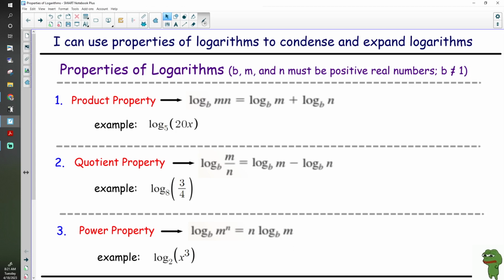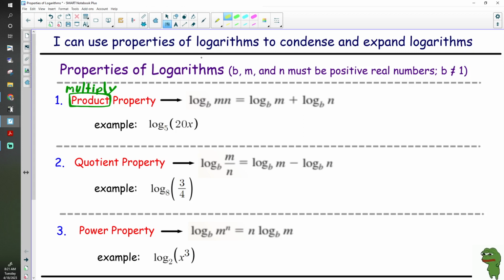The product property. The word product, you know what product means? This means to multiply. This is literally called the multiplication property. The reason it's called that is because it is used when the inside of your logarithm has two or more things being multiplied.